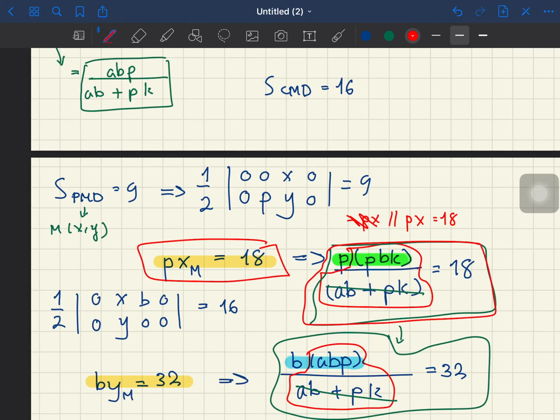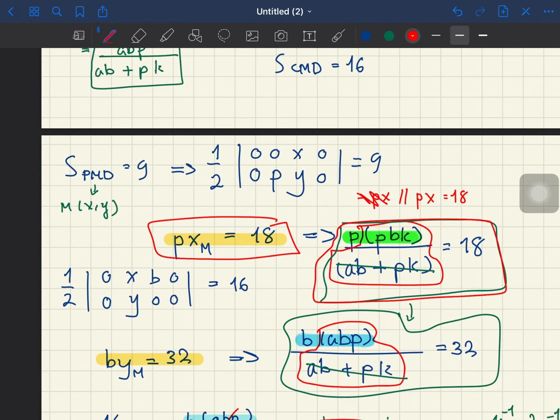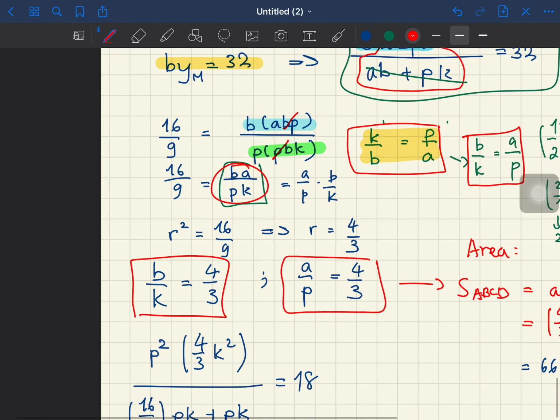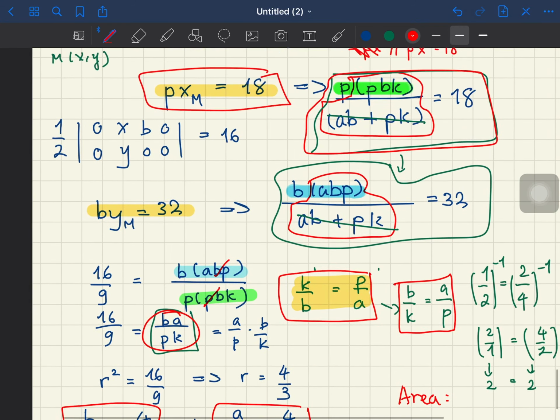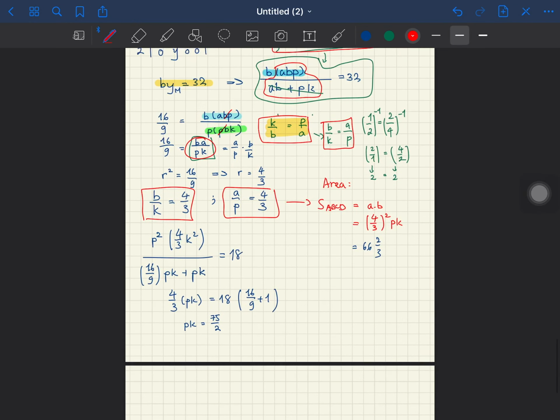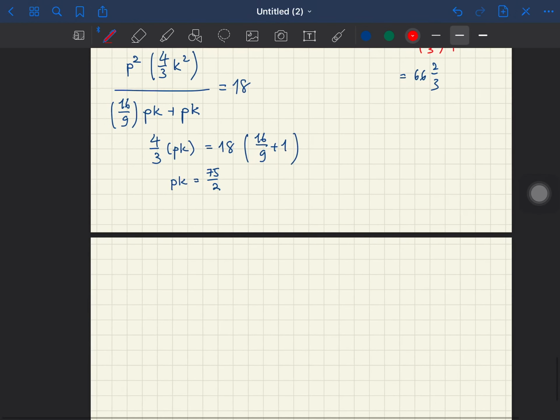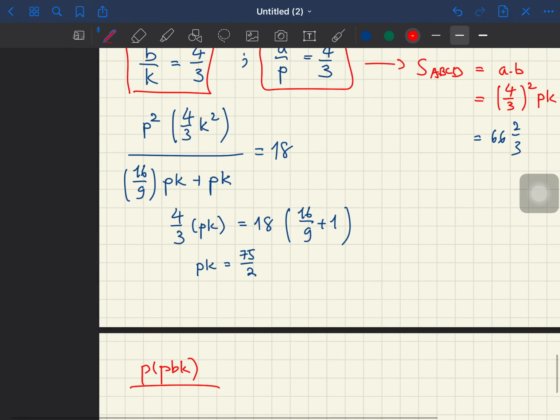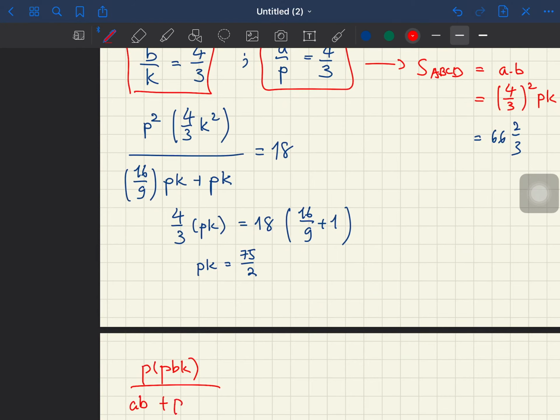Now you're gonna use the entire fraction, the very complicated fraction here. And then I'm gonna copy them down. So PBK over AB plus PK equals to 18.